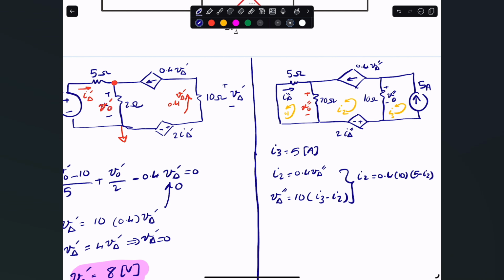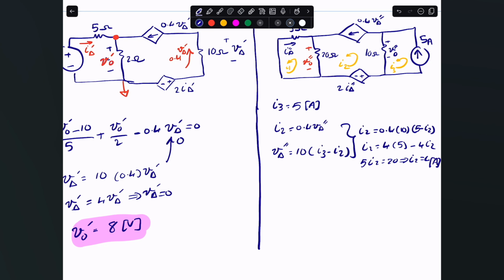Okay, so we'll do the algebra, and hopefully you will see that I2 is simply 4 times 5 minus 4 I2. So that means 5 I2 is simply 20, which means I2 is simply 4 amps. Okay, so we know what I2 is now. I2 is just 4 amps.